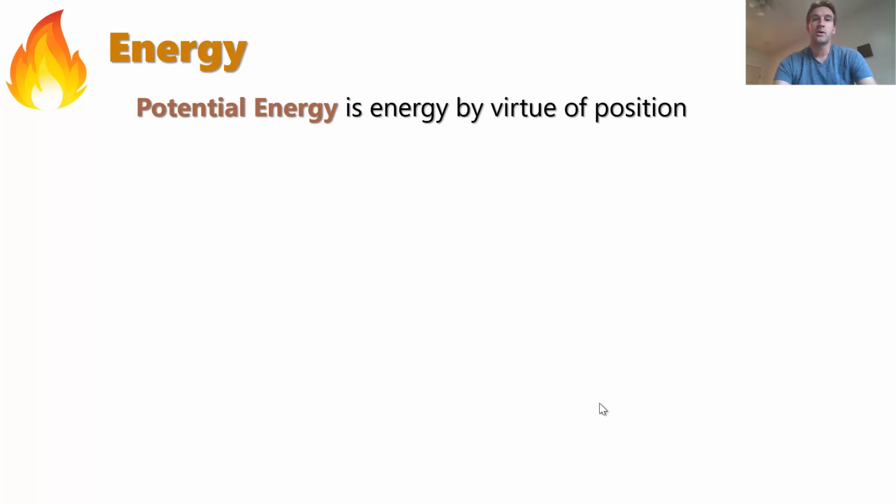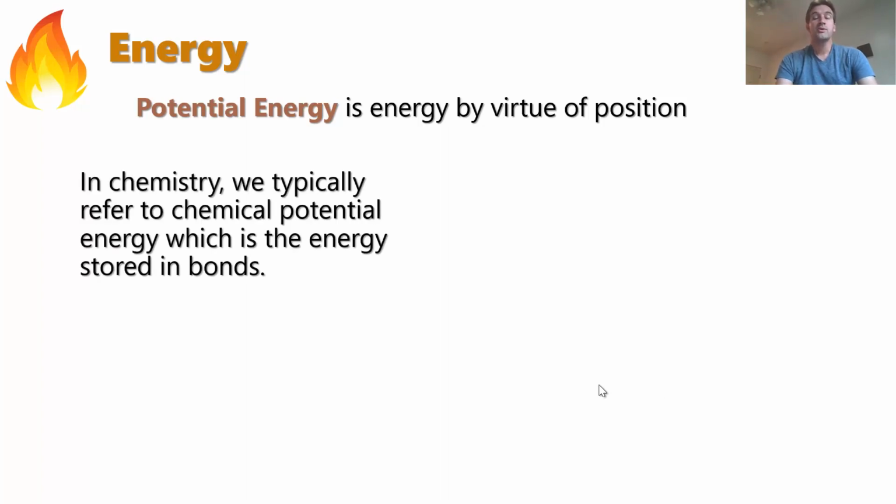In physics, we think of this as, let's say you have a ball at a height. Well, that ball, even though it's not moving, has energy, because if it was released, it would fall. That potential energy would be converted into motion. In chemistry, most of the time when we're thinking of potential energy, we're thinking of energy stored in bonds that can be released as bonds are broken.